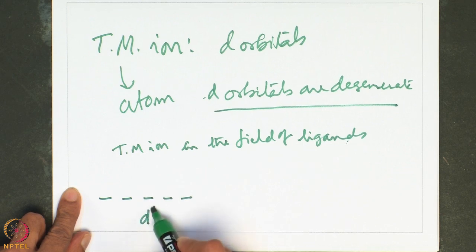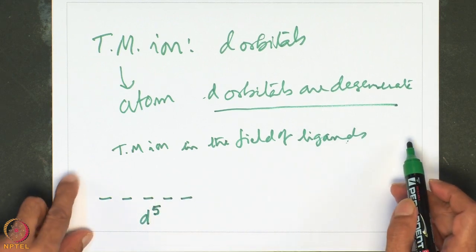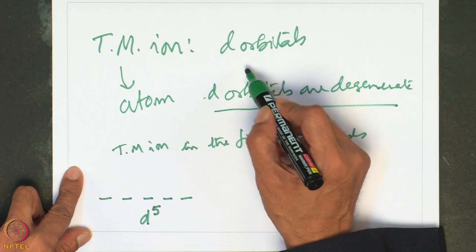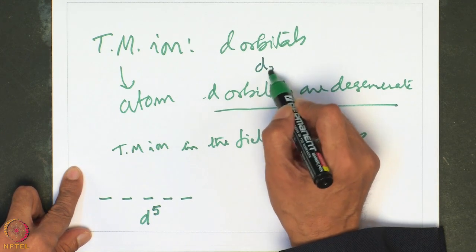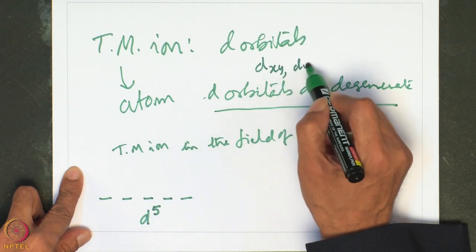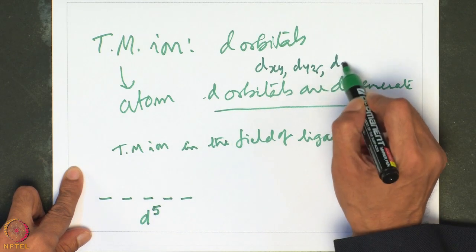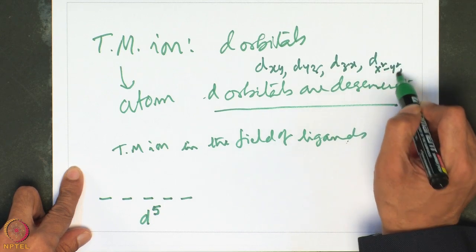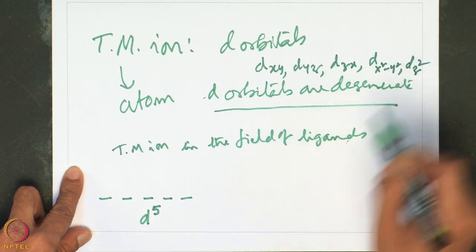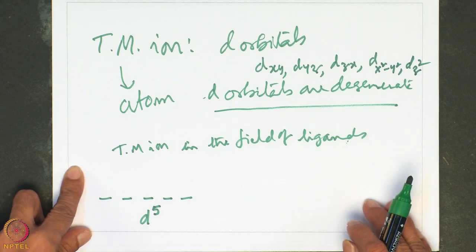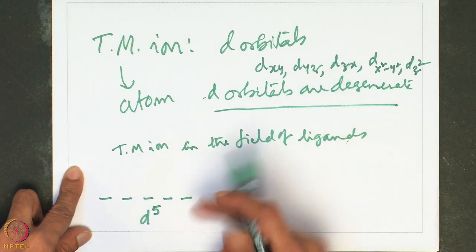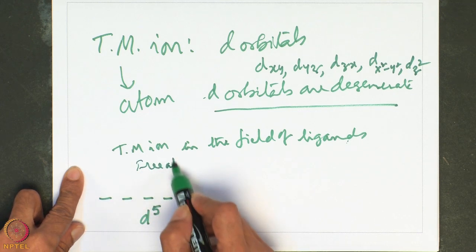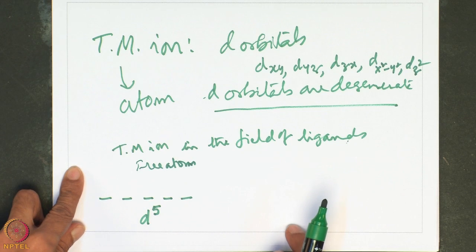There are five d orbitals, and these five d orbitals are degenerate, and these are called dxy, dyz, dzx, dx square minus y square, dz square. This you can see from any textbook and you will understand that. All of these in a free atom have the same energy.